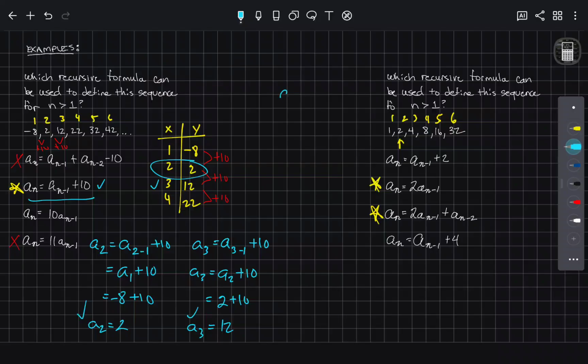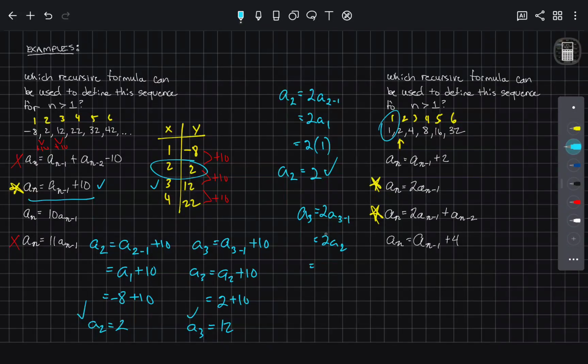So let's go with the second term, 2 times the second term minus 1. Evaluate, so 2 times a1. We know that the first term was 1. That's going to be 2 times 1. So our second term is 2. Check. Let's use that information to see if it works for the third term, because we know that with recursive sequences, if we use one term, we have to use that term to find the next one. 2 times a2, evaluate.